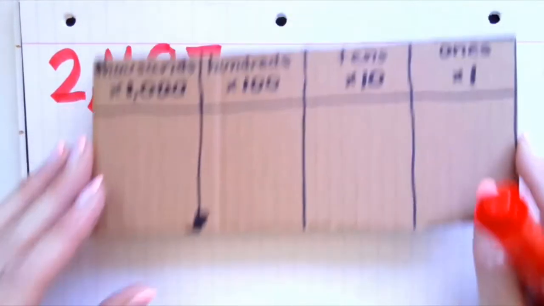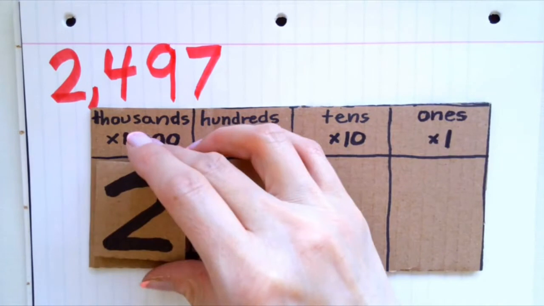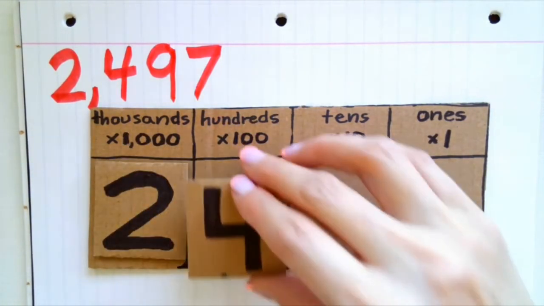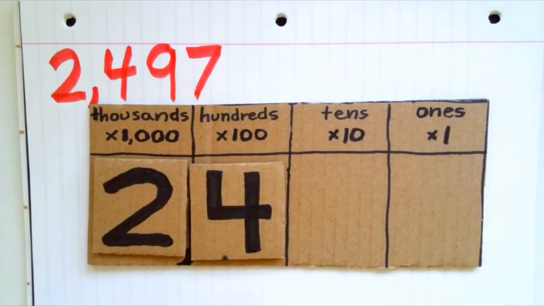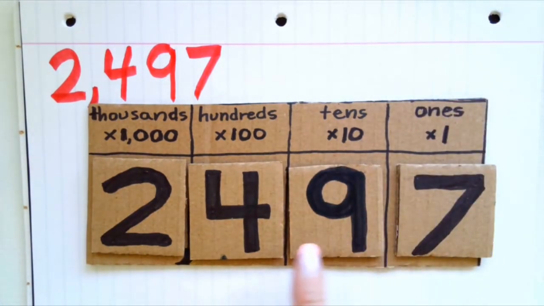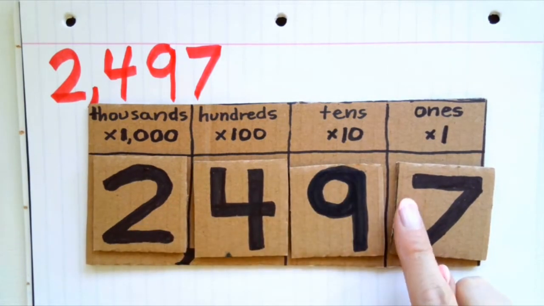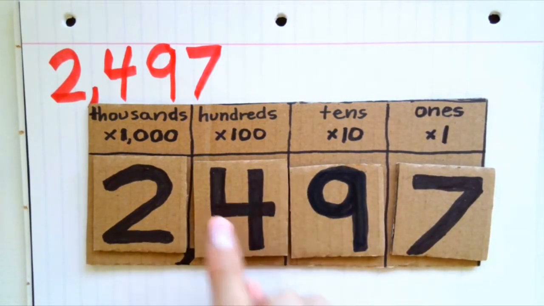Remember the place value chart? Now each of these digits is in its place value. And we can use this to remember the value of each of these digits. This is going to be very important when we compare it to another number.